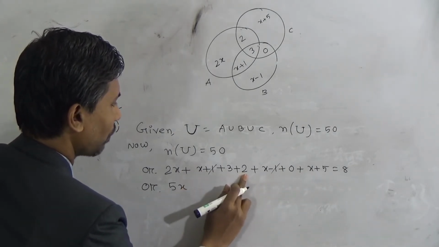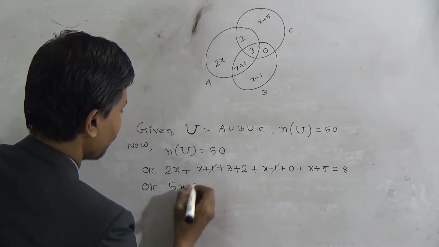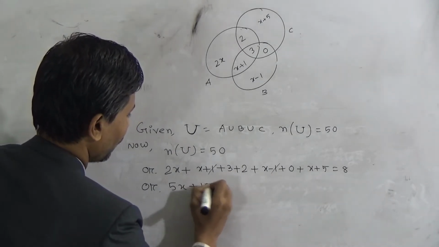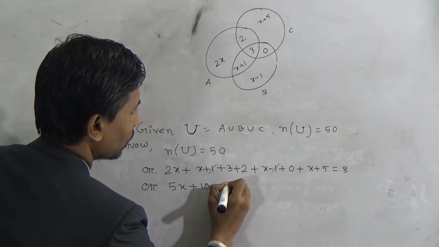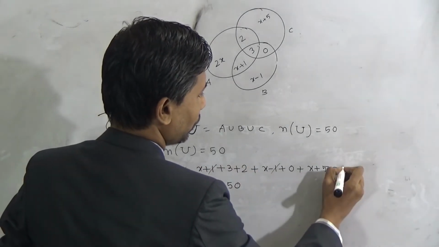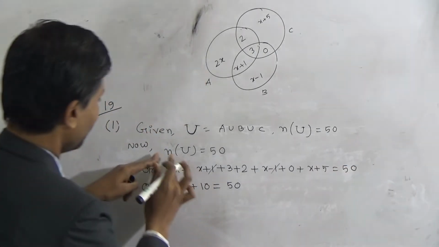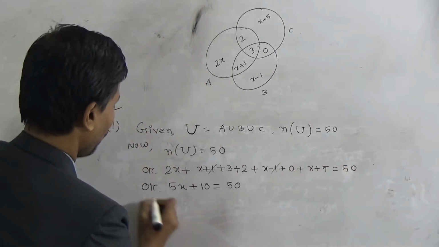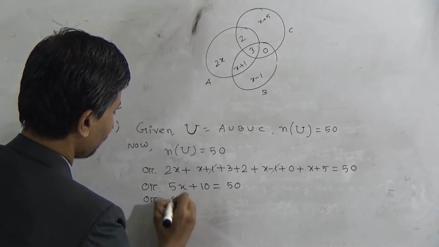Then 3 plus 2, 5 plus 5, 10. This equals 50. Look, this equals 50, so we have to simplify now.